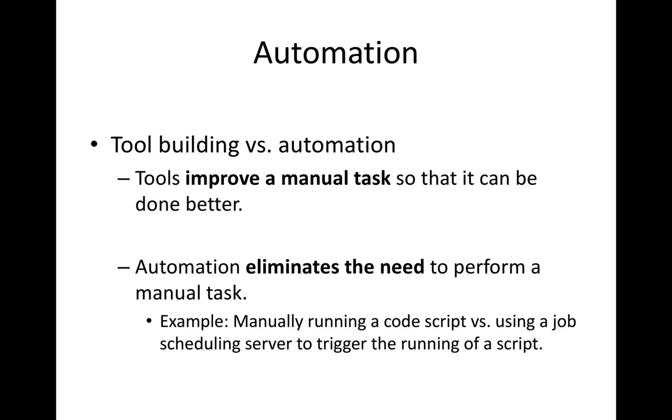If a person is still involved in manually using a tool or running a script to perform a task, that task is not automated yet. If you remove the human being from the loop and that task is automatically triggered based upon a set of requirements being met in that particular environment, then that suggests that task has now been automated.